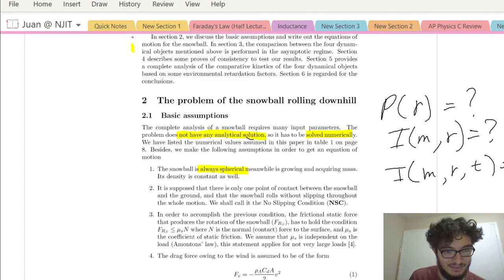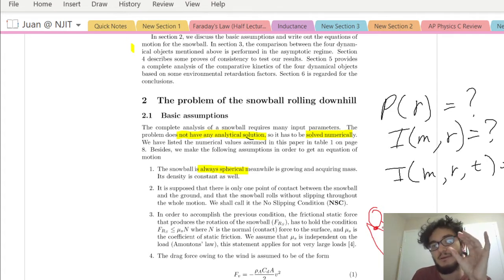But of course, it's still a very non-trivial problem. They could have different paths, and then the ball, well, it's always spherical, right? I mean, imagine a snowball rolling down the hill and always being spherical. Realistically, I don't think that's what's going to happen, because the snowball is only going to be touching a portion of that body on the ground, on the slope.